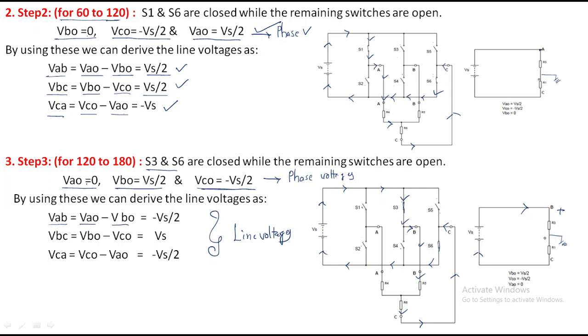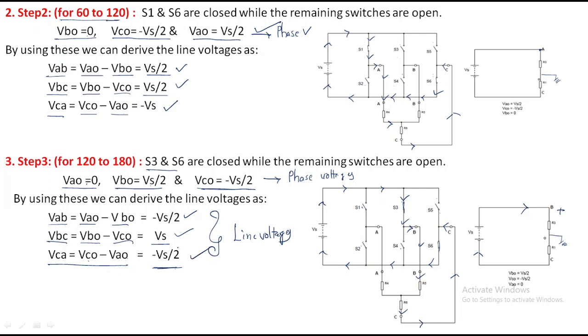VA naught is 0, VB naught equal minus Vs by 2, that's why we will get minus Vs by 2. VBC equal VB naught minus VC naught. VB naught equal Vs by 2, VC naught equal minus Vs by 2, that's why you will get Vs. VCA equal VC naught minus VA naught. VC naught equal minus Vs by 2, VA naught equal 0. That's why you will get minus Vs.